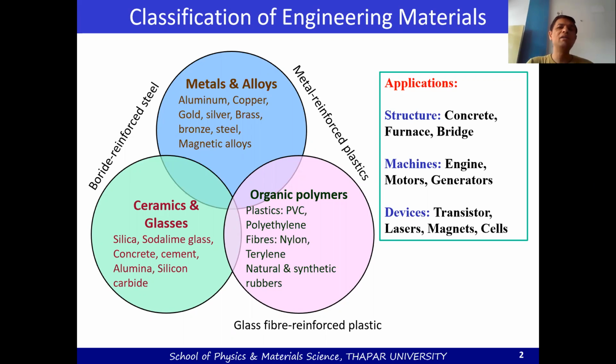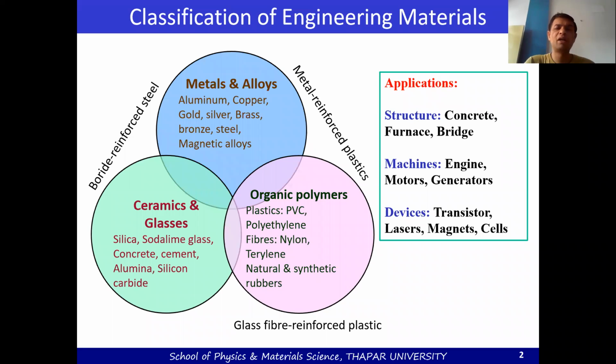So likewise, making a hybrid material out of two or more classes gives you new hybrid materials which possess superior properties as compared to the individual classes.